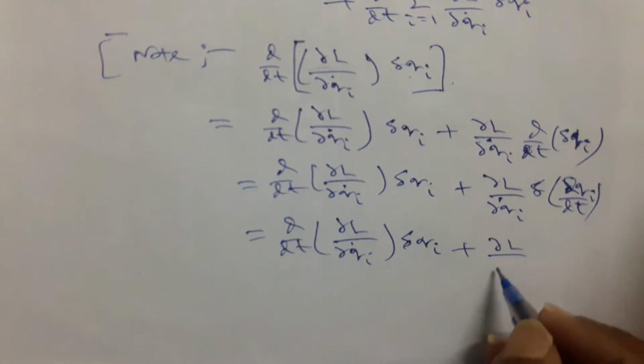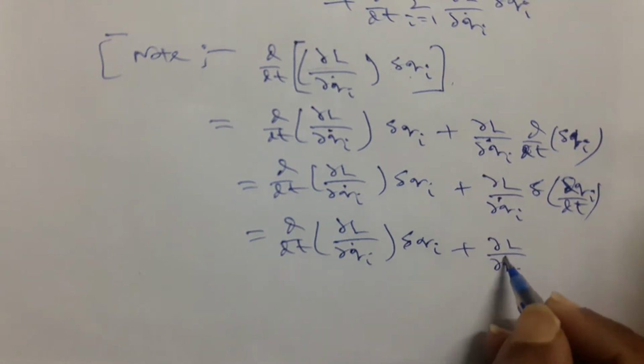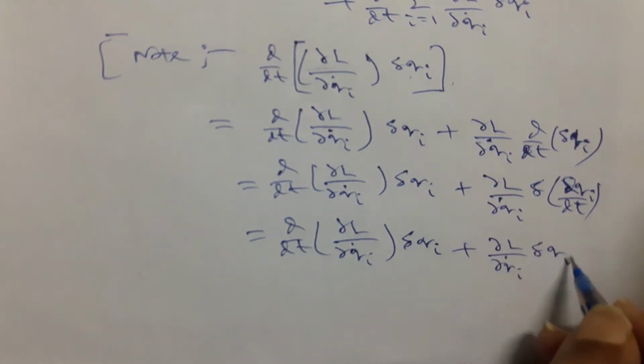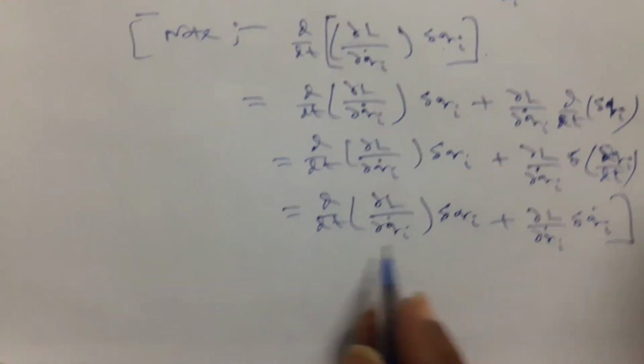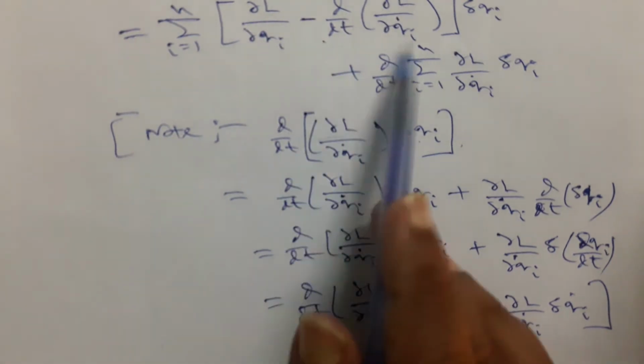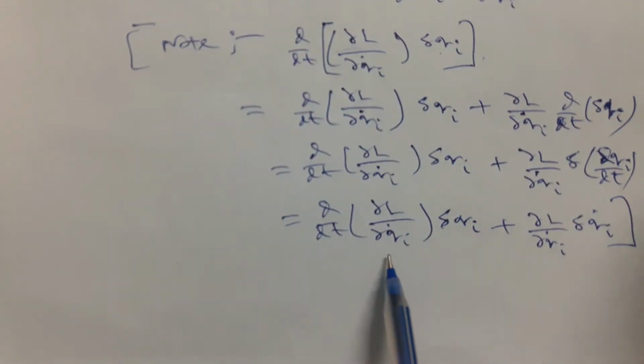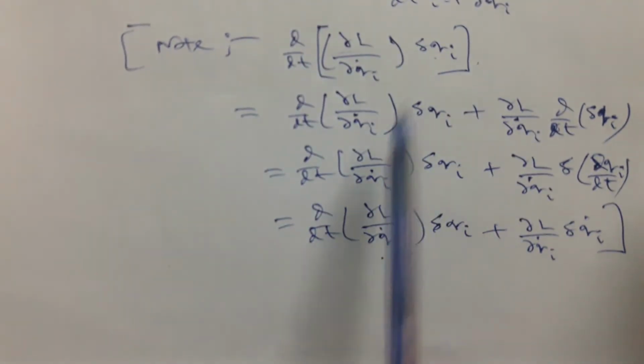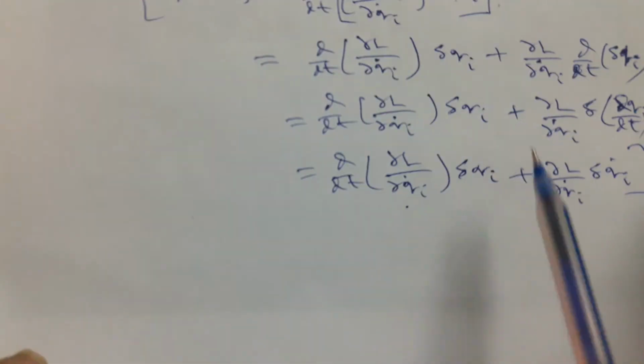So it will finally be del L/del qi dot del qi plus del L/del qi dot del of qi dot. Finally we find this type of result. Using this result we make the adjustment, taking the subtraction and here adding. So we are finally getting this result.